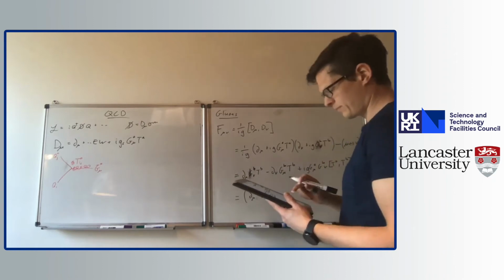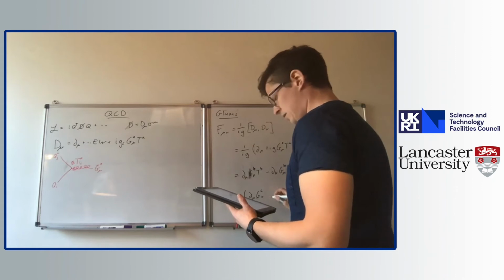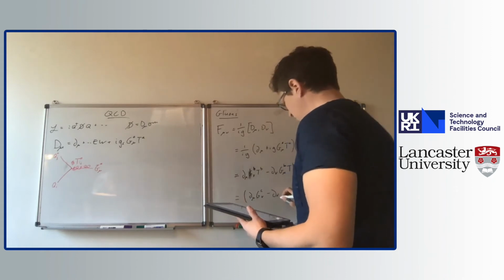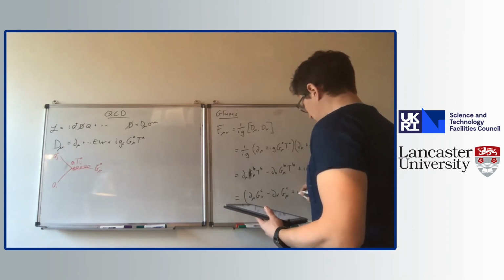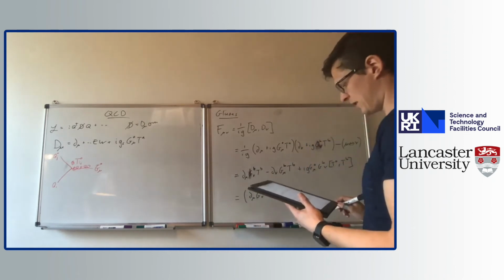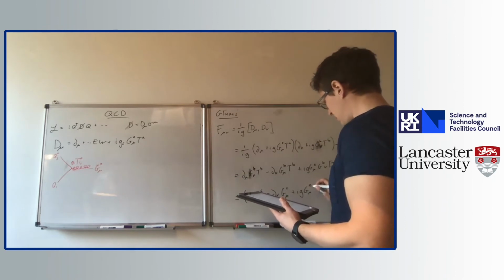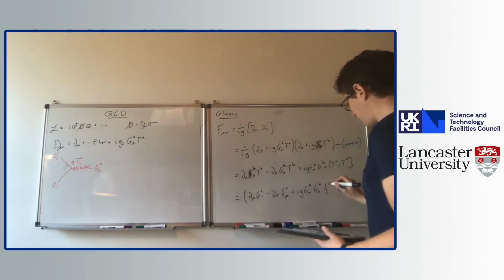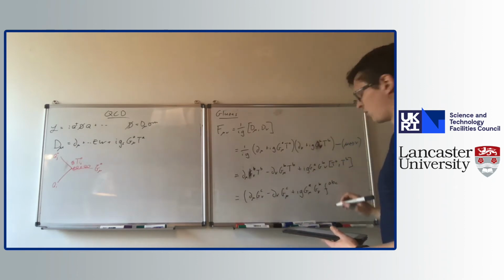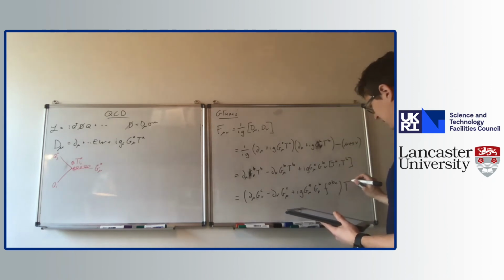G. G C nu minus D nu G mu C plus I little g, the gauge coupling, G nu A, G nu B, and then something that we would call a structure constant, FABC times TC.